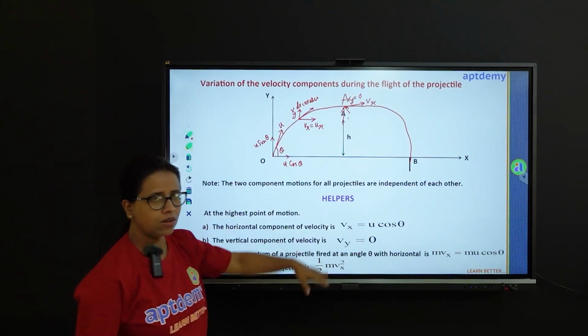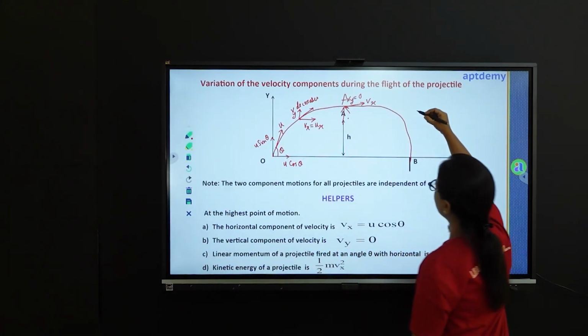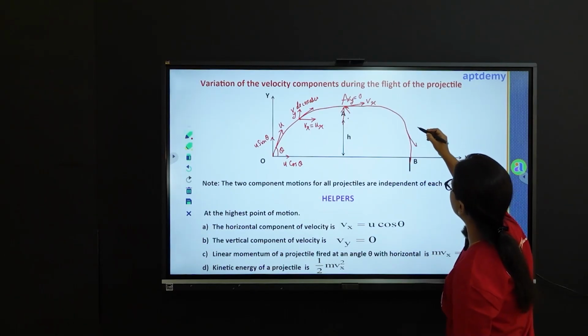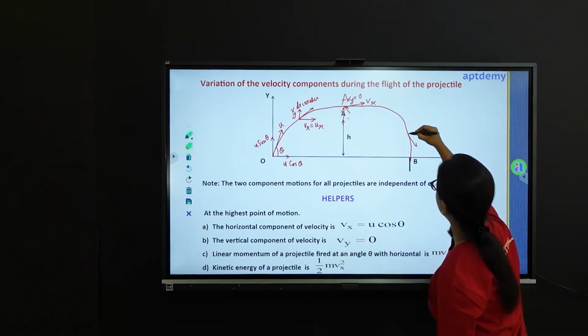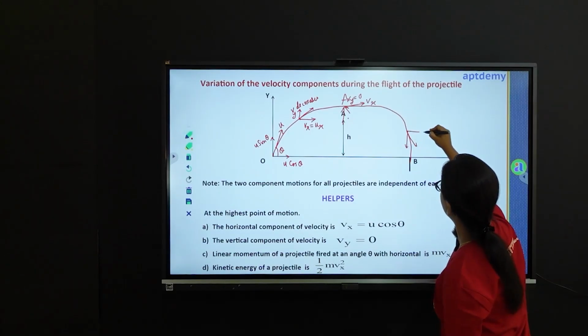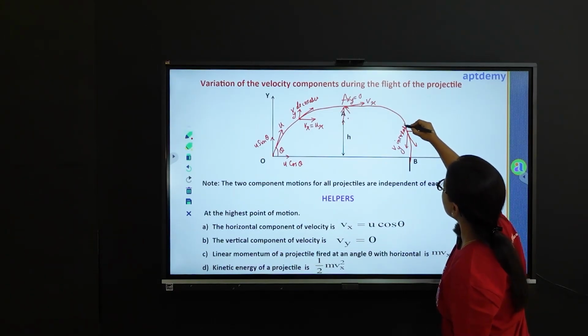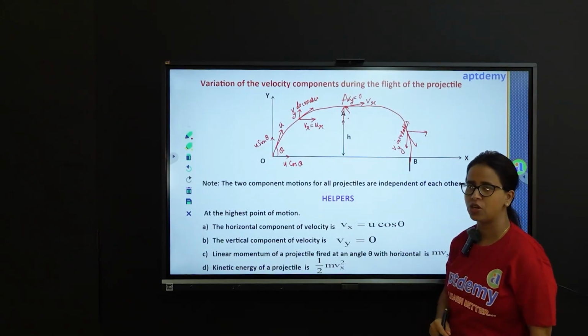And then further, suppose we consider any point here. This is the direction. Vy now increases. So you can see how the vertical component is changing with time.